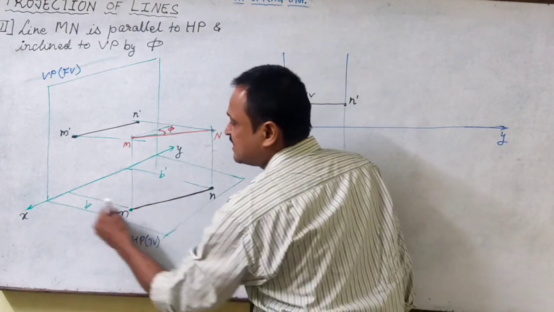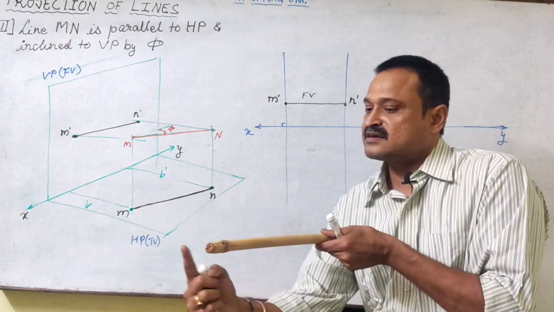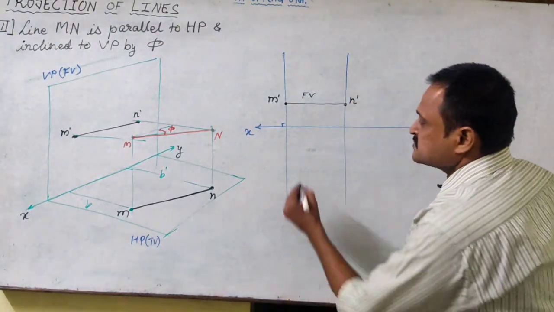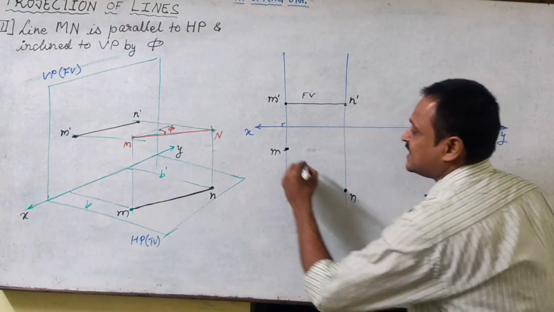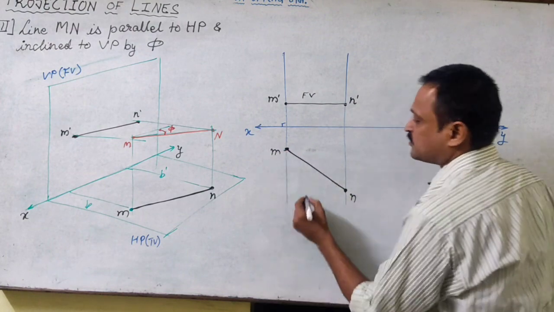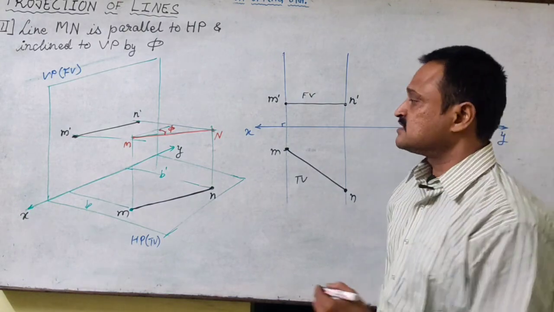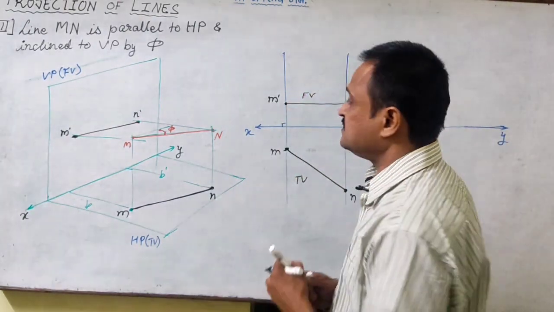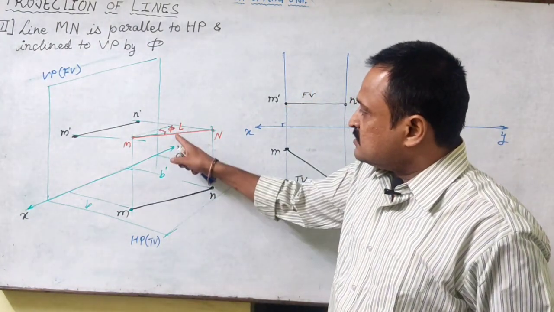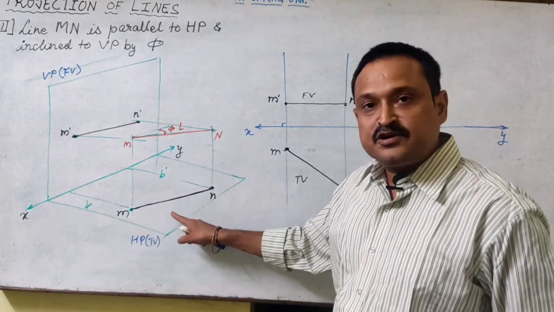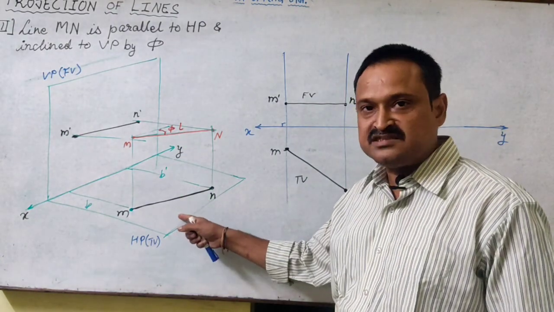Now for top view image, M is at B distance from XY or VP and N is farther than M. So I'll get, say, this is top view image M and this is top view image N. So we'll get the top view as this. As we have worked out in the earlier case, if the length of this line MN is L, now the line is parallel to HP, the image is on the HP, that means line is parallel to image.